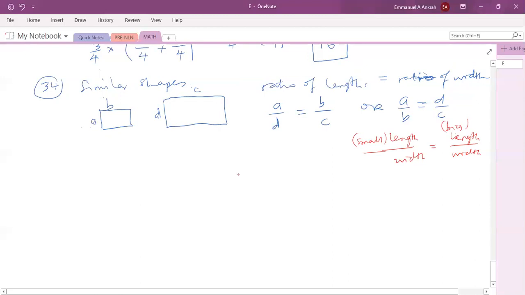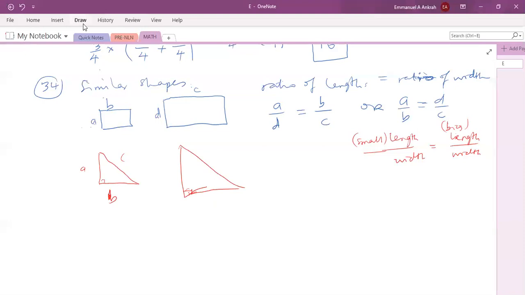Okay. The same with triangles. If you have a triangle, the same thing happens. Let's say this is A, B, and C, and I have a bigger form of the same triangle, a similar one.